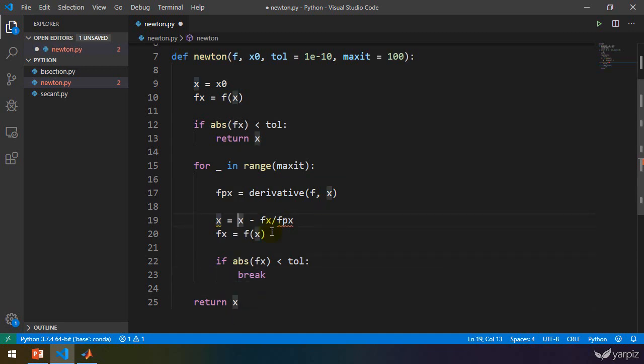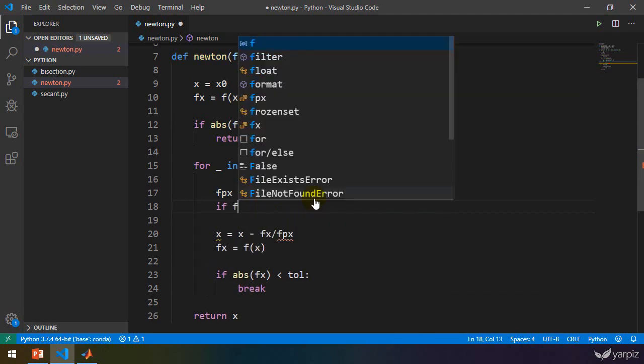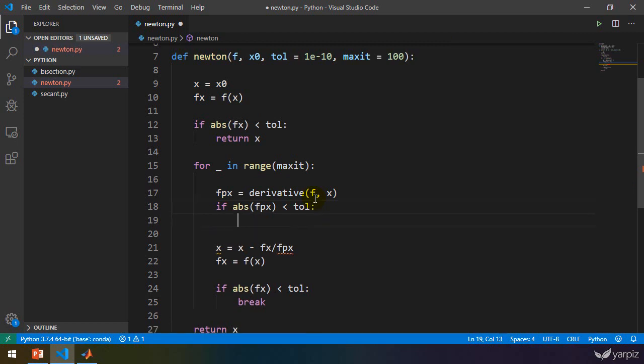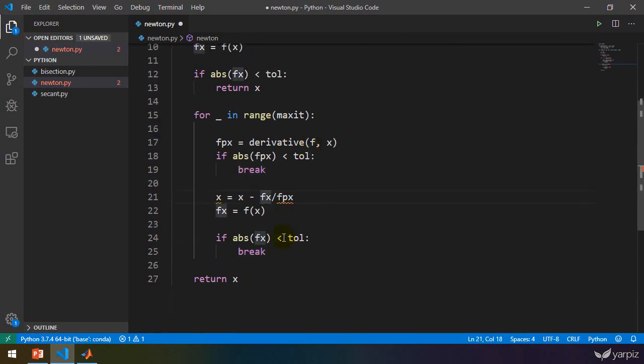Also, we must take care of fpx: if the absolute value of fpx is very, very close to 0, for example, if it is less than tolerance, then we can go outside of the loop, or we can print some errors. And that's it.